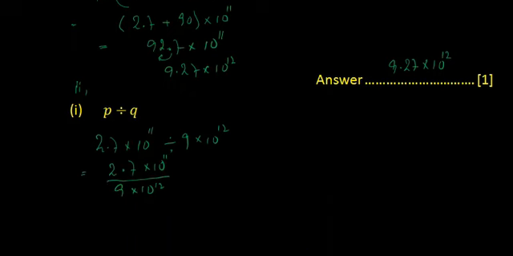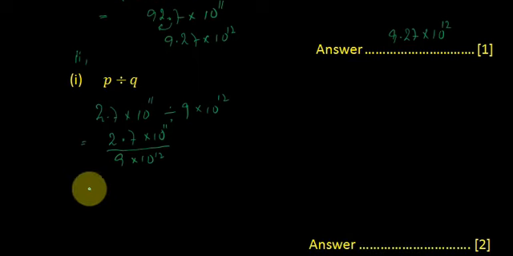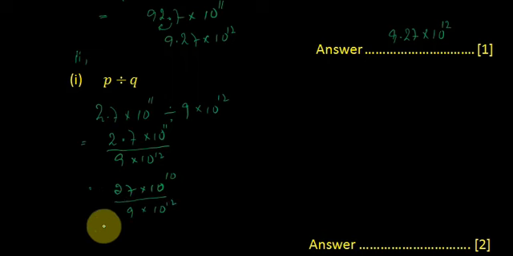And further it can be written as 27 multiplied by 10 to the power, when the decimal moves from left to right, the power is less by 1, so it becomes 10, divided by 9 multiplied by 10 to the power 12. We can do some calculation here by cancelling.